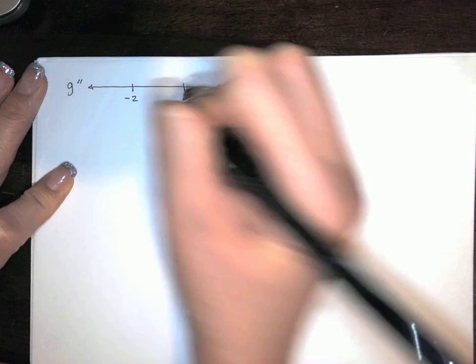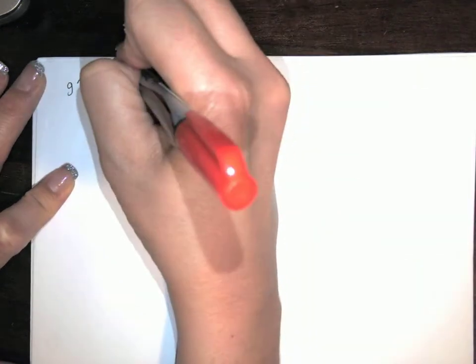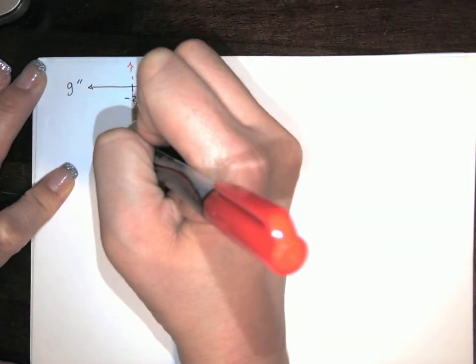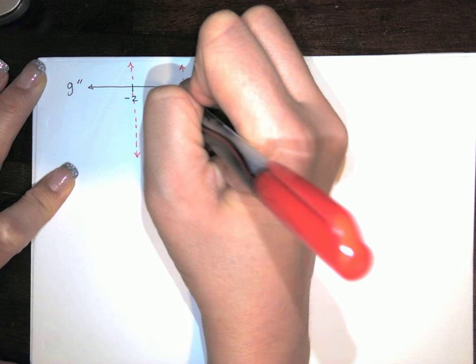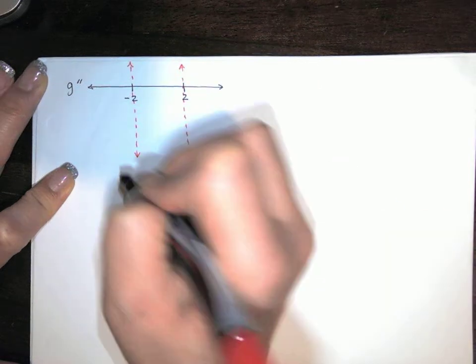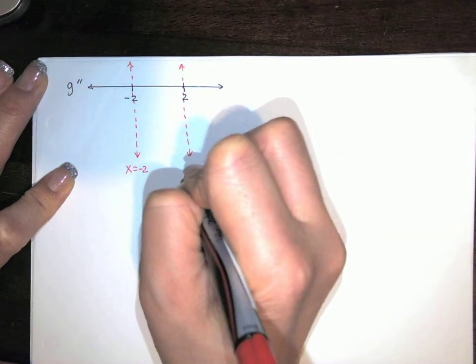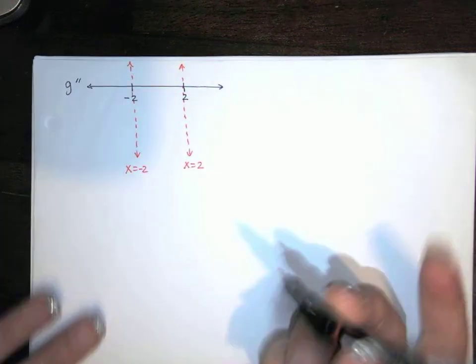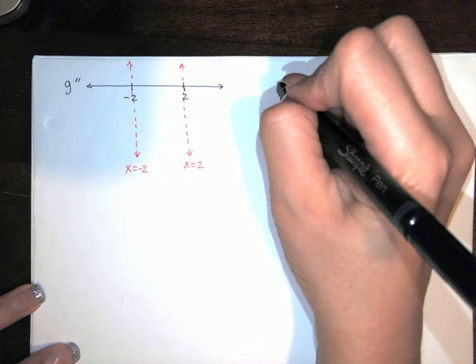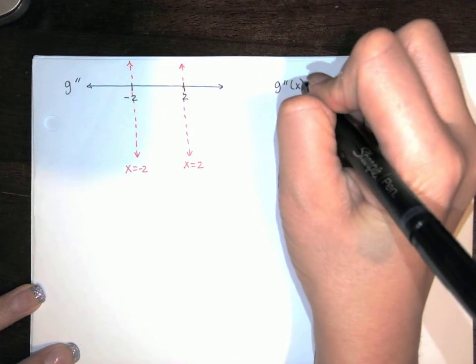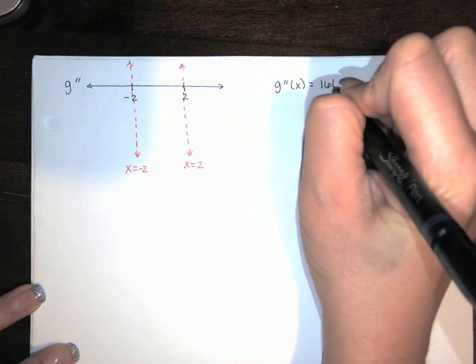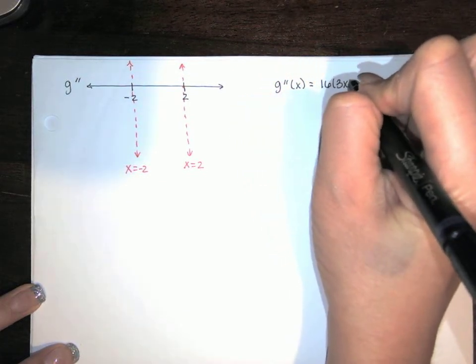So we make our sign chart now for g double prime. List your two vertical asymptotes. Since g double prime was never 0 and g double prime was not undefined for any x in the domain, that's okay. And this is after I've simplified that numerator.